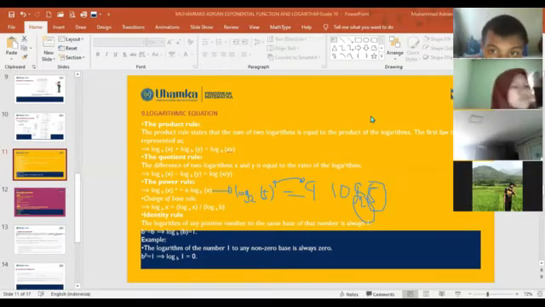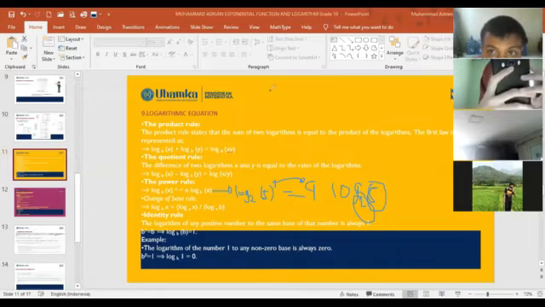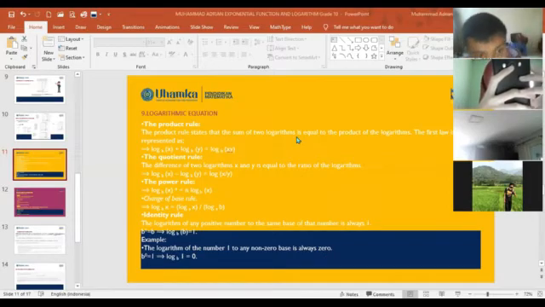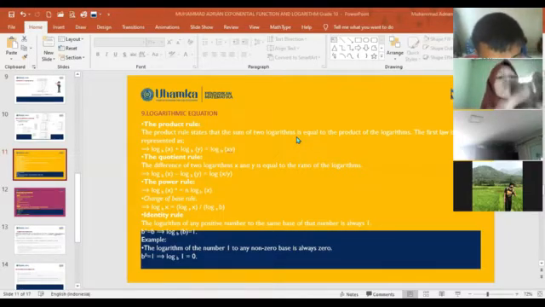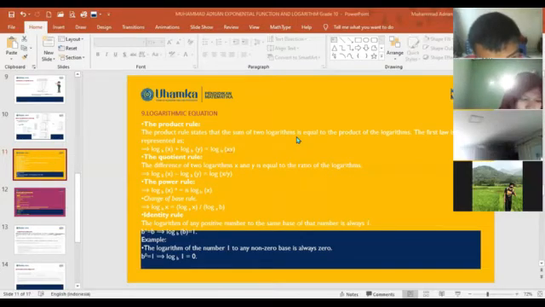Then the identity: the logarithm of any positive number to the same base of the number is always 1. b power 1 equals b, so log b b equals 1.